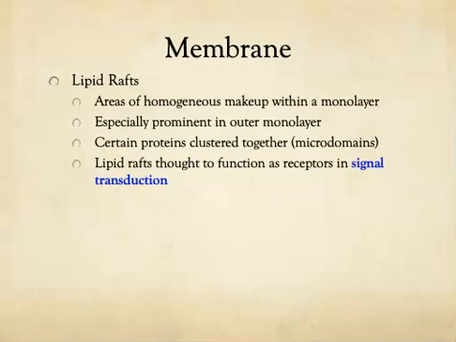Lipid rafts are believed to function as a type of receptor. So structurally, it's important that they stay together, those particular phospholipids, those particular proteins, so they can receive information.